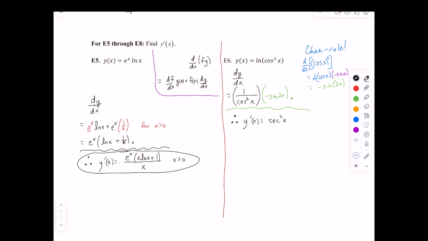And trigonometry allows you to write this in a few different forms. And they're all equivalent. That's what's mind-blowing. Yeah, so either one of these are acceptable.